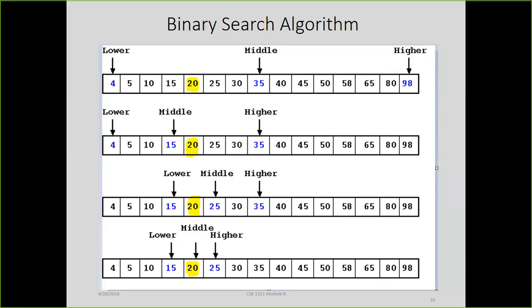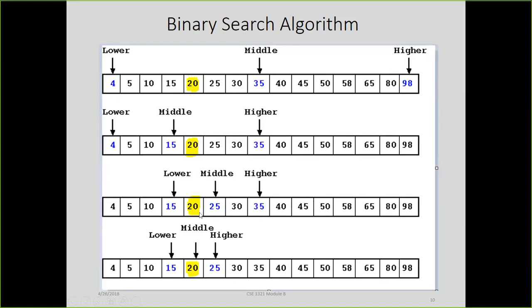So the middle will be 0 plus 7, which is 7, divided by 2, which is 3, not 3.5, an integer. So the element at position 3 is 15. In this case our target value 20 is greater than 15, so we move the lower index to the middle position and recalculate the middle. At the next step our lower index is 3 and higher index is 7.